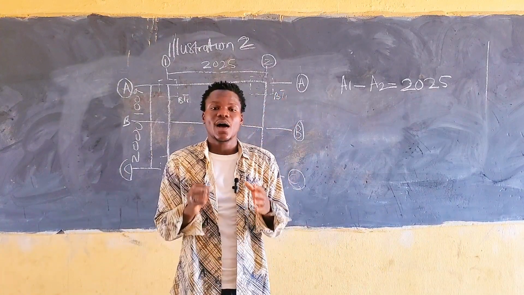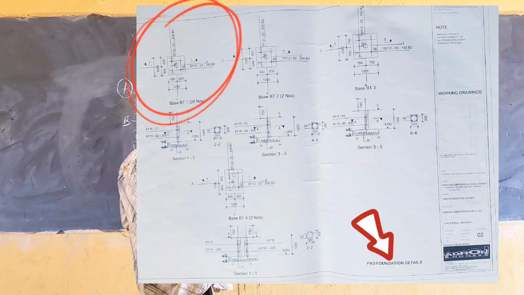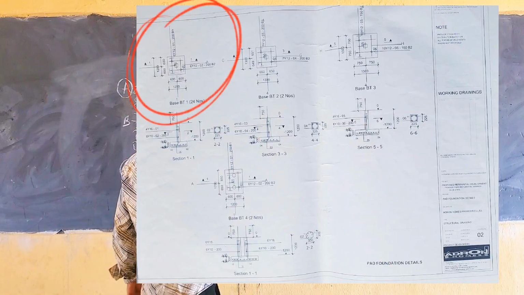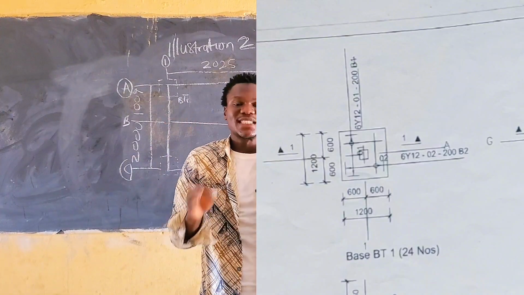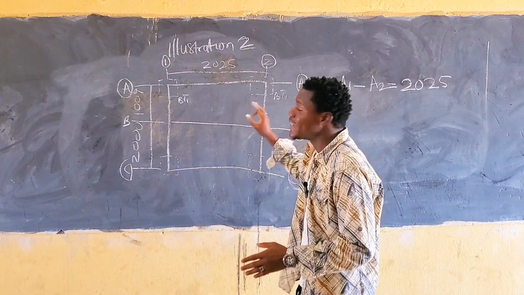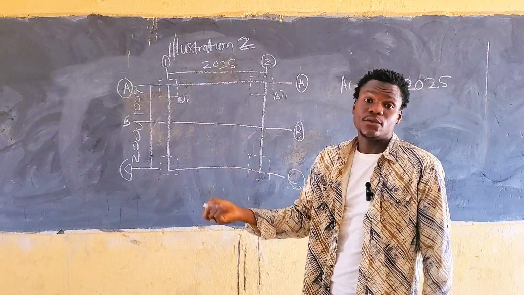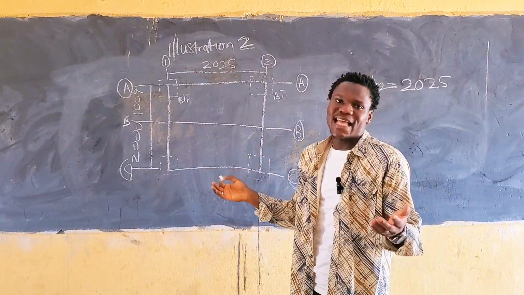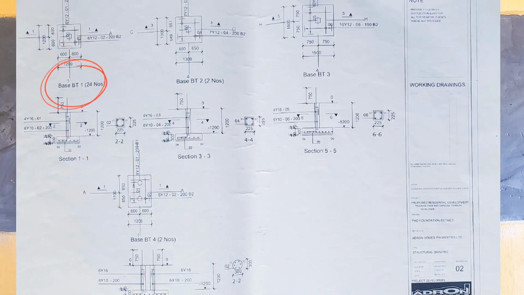So we'll go through our structural drawings to our foundation details and check the dimension of base type 1. The structural engineer will usually prepare a drawing for you, specifying the dimensions of all the base types. The base types can be as many as 4. You could find base type 1, base type 2, base type 3.